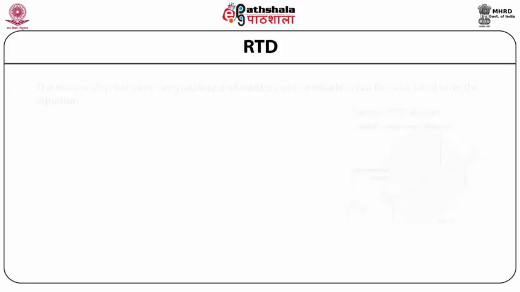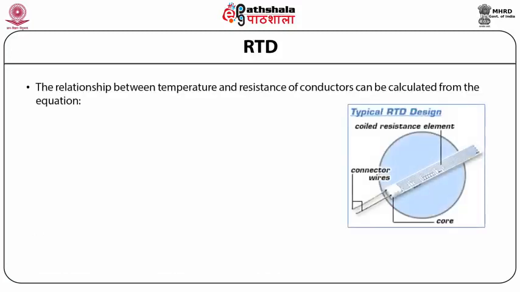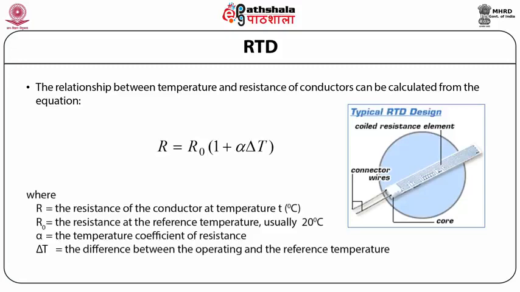So students, the relationship between the temperature and the resistance of conductors can be calculated from this equation as R equal to R naught times 1 plus alpha delta T, where R is the resistance of the conductor at temperature T. R naught is the resistance at the reference temperature, usually 20 degrees Celsius.